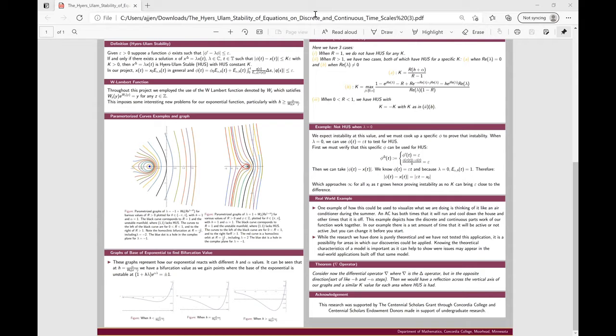And moving on to these graphs that we have here, some of the key points that make up the left graph: this is our graph when h is equal to 1 and alpha is equal to 1. The black line in the center is where our r is equal to 1.